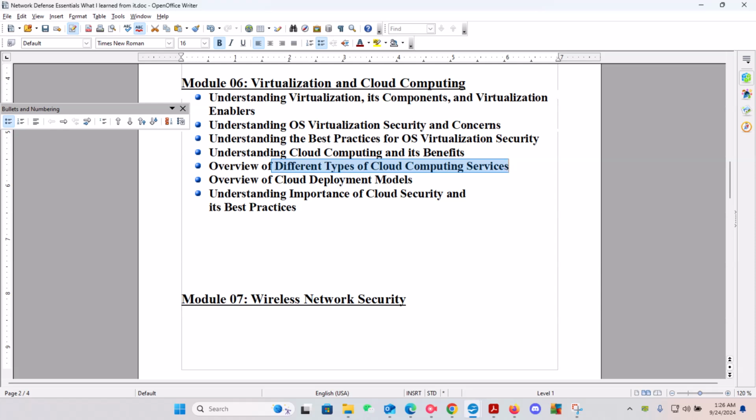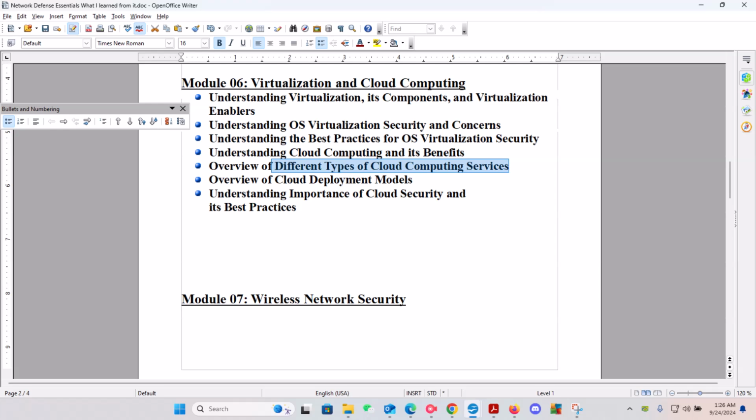Those are just a sampling of two of them. There are more, and those are examples of services.